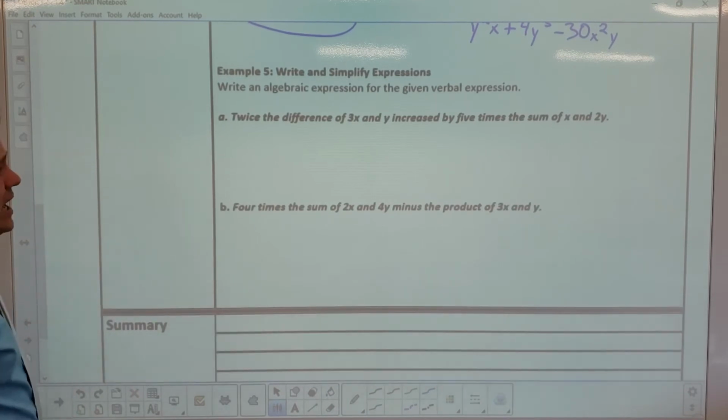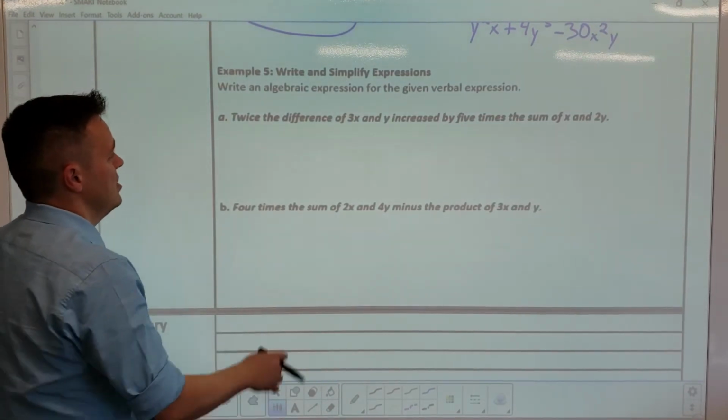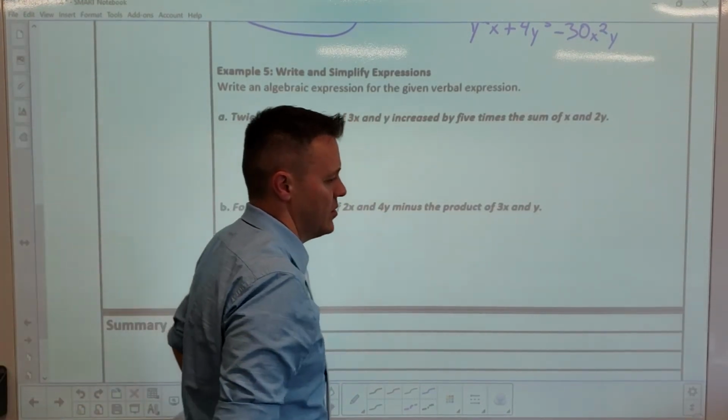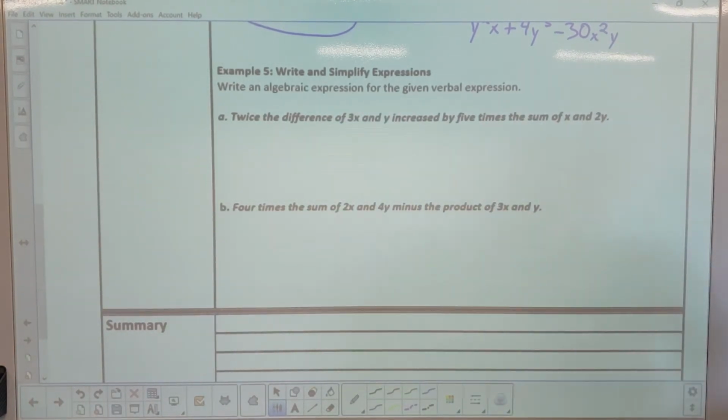Last thing, algebraic expressions. Okay, twice the difference of 3x. So make sure as you guys write these through that we work and get things quickly done and going from there. So let me see here.